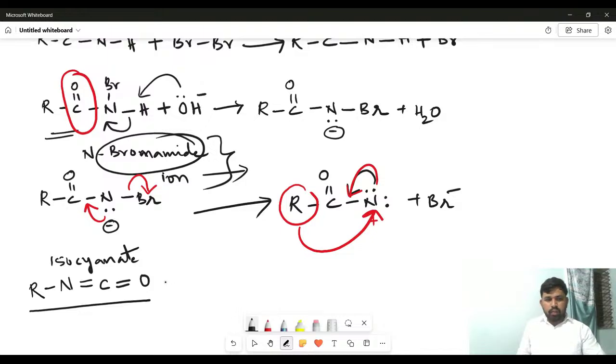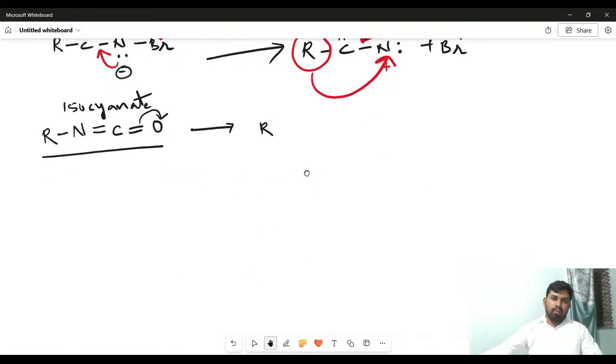So now for this one, what happens actually is this double bond will be shifted onto this oxygen, so it forms R. Let me write again here. We have R and nitrogen, double bond carbon, and double bond oxygen.